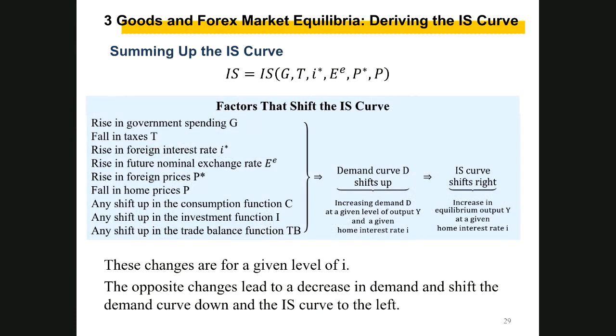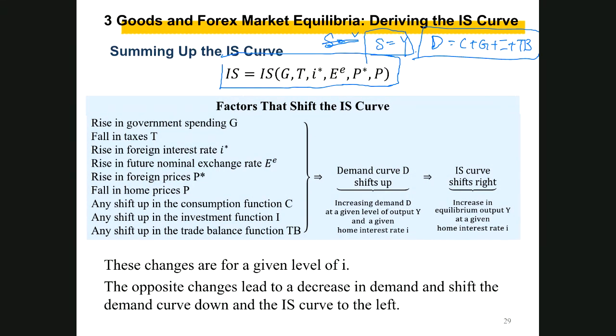Okay, so if we go back to supply and demand, right? Supply is equal to GDP, demand is equal to all of the absorption. If we have a rise in government spending, usually we call this expansionary fiscal policy.